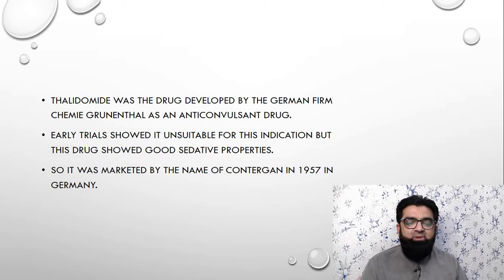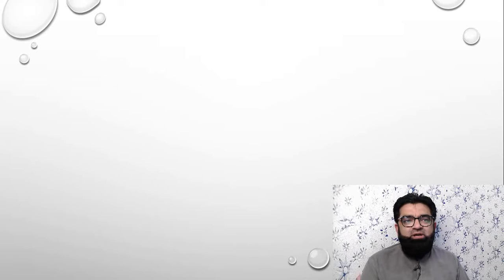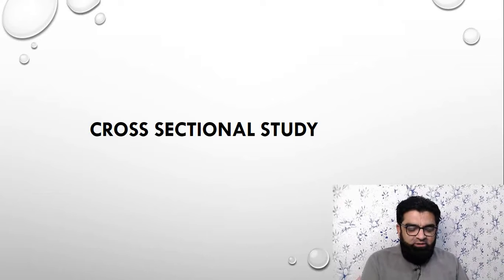So it was marketed by the name of Contergan in 1957 in Germany as a sedating or sleeping pill, and it resulted in gross limb malformation. Now coming back to our slides, what is a cross-sectional study actually?